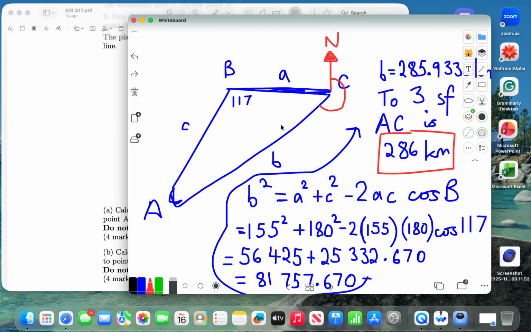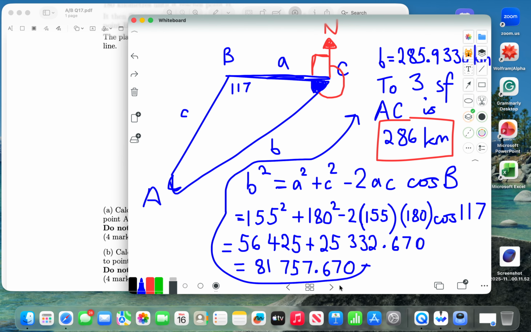So we said that C is due east of B, so this tells us that this angle is 90 degrees. So if we can find this angle that I'm shading in at the minute, this is angle capital C, we can do 270 minus this angle C, and that gives us the final answer.